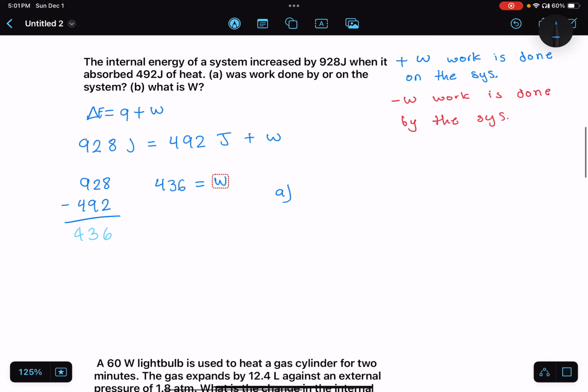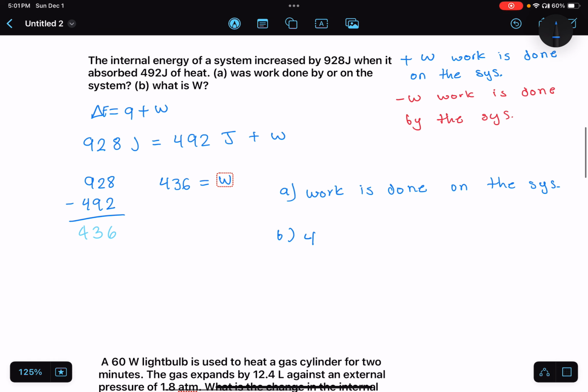So A, work is done on the system. And B, 436 joules. That's the work done on the system.